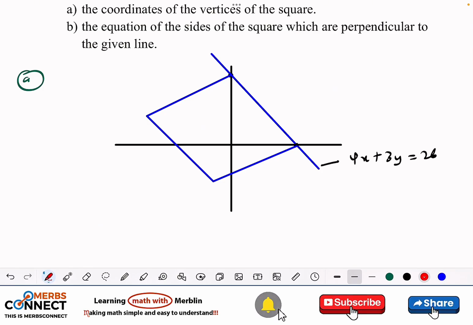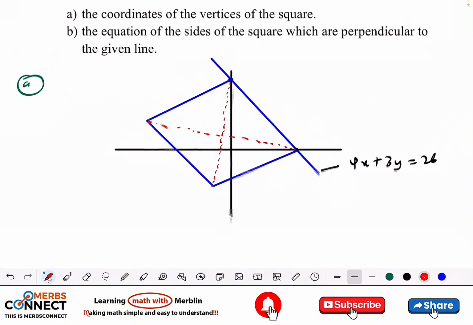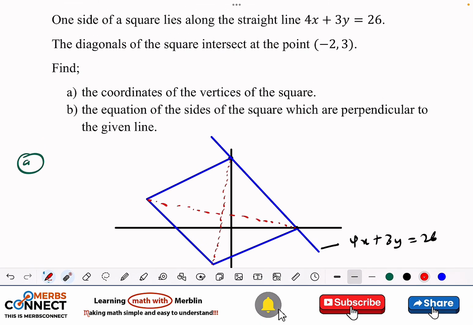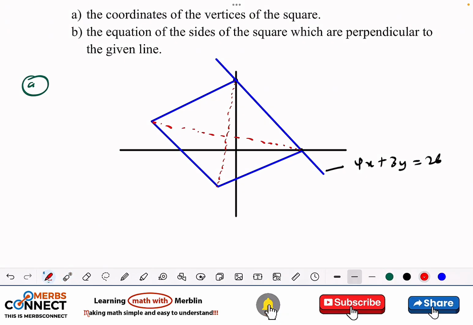So let's try and talk about the diagonals, right? We are going to have one diagonal here, and we are going to also have one diagonal here. Now we are saying that they intersect at -2 and 3. So it means that at this point here we are having -2 and 3, right?